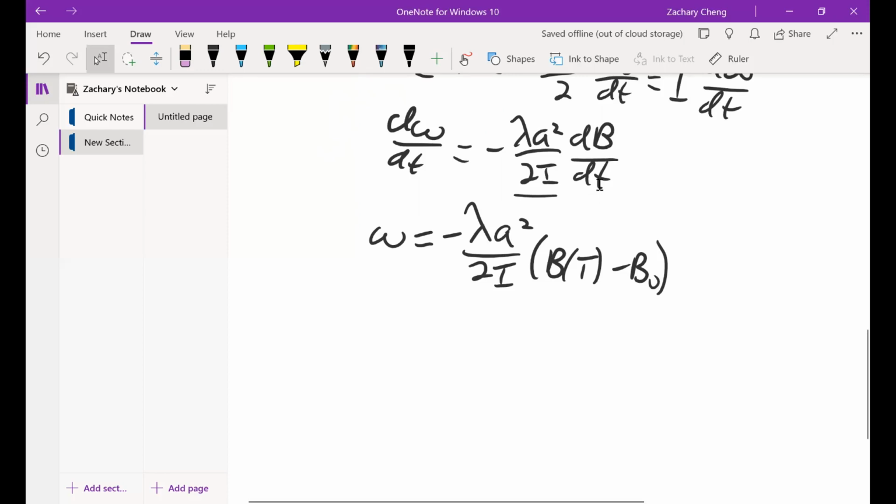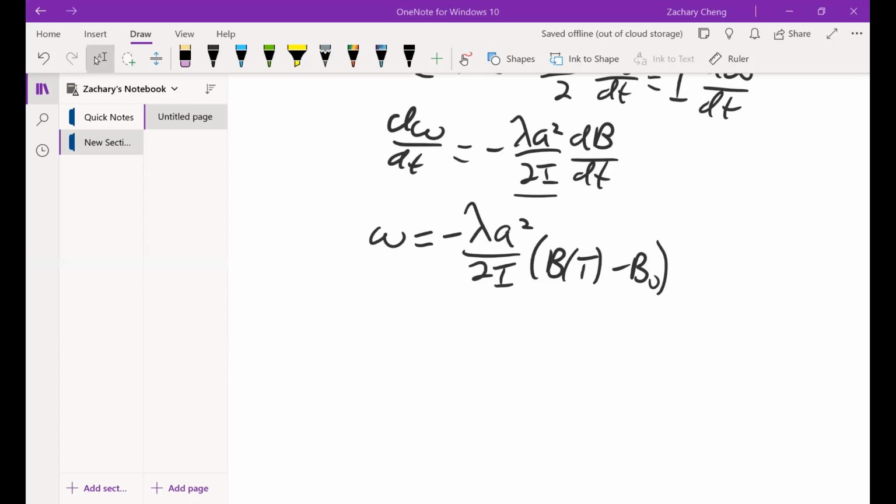Okay, so in the problem, it tells us that the magnetic field B decreases to 0, but at the end, after a time big T, the magnetic field actually isn't 0 because this cylinder is now rotating, and when there's a moving current, this generates a magnetic field.